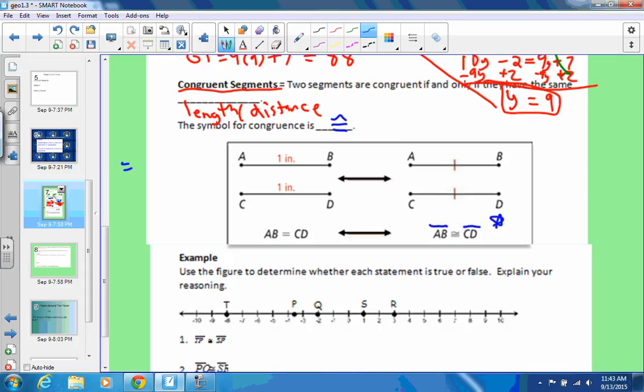So equal goes with actually putting a number to it, so having a value of something. Congruent goes with the actual label, so segments or angles we're going to do too.